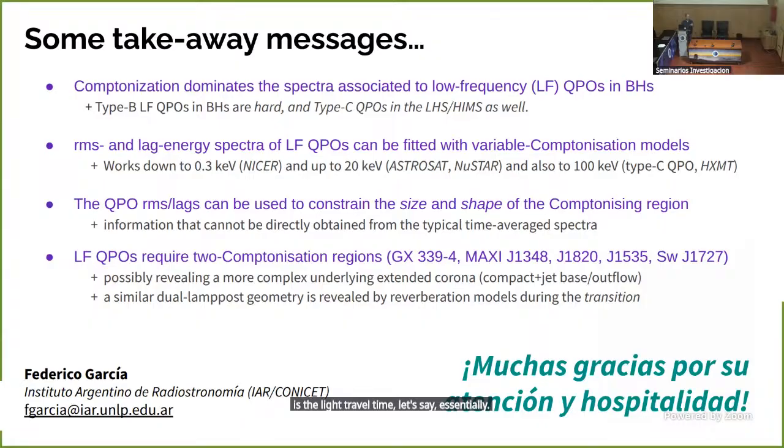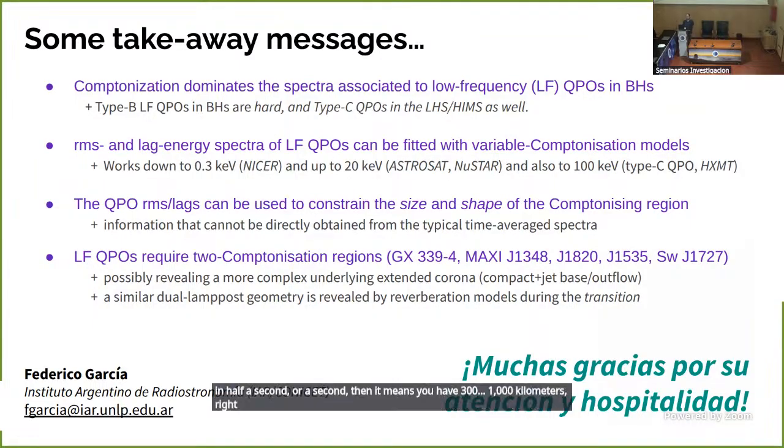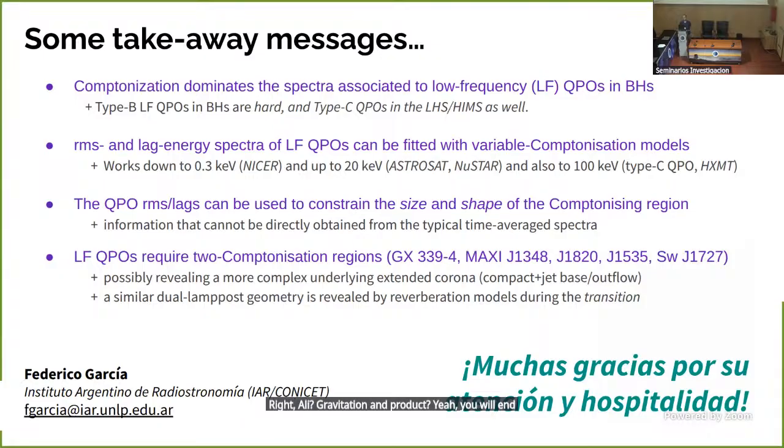So if you have a delay of half a second or a second, then it means you have 300,000 kilometers, right? Exactly. And if you convert that into gravitational radii, you will end up with thousands or even tens of thousands. Yes. And essentially, we find the same. We find big sizes, as I showed you in different pictures. But it's also the same in the case of reverberation lags.